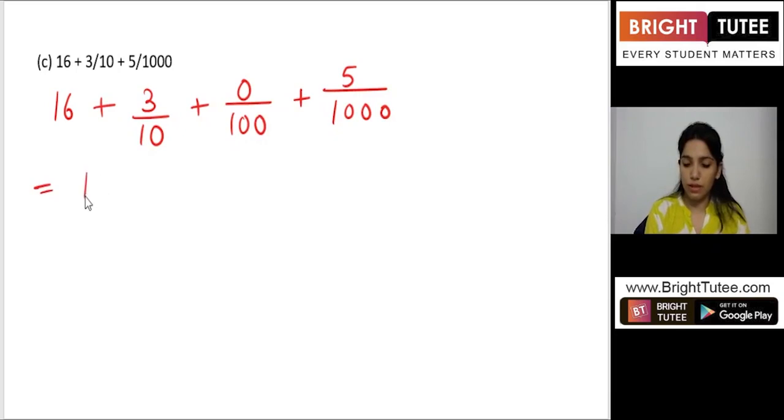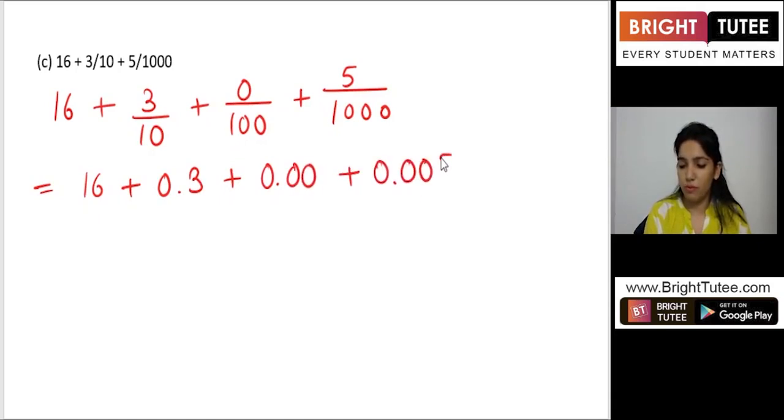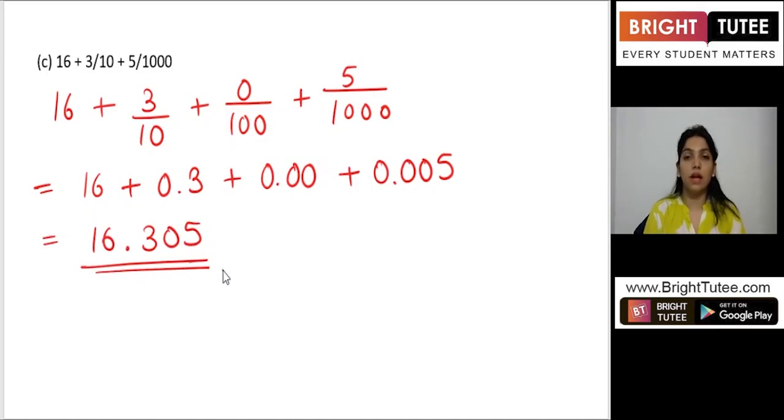So here it will be 16 plus 0.3 plus 0.00 plus 0.005. Clear? It comes out to be 16.305. This is the answer. How do we read it? We read it as 16.305.